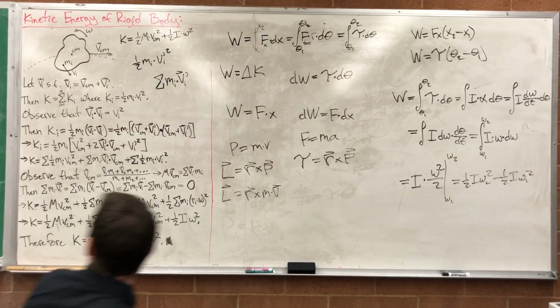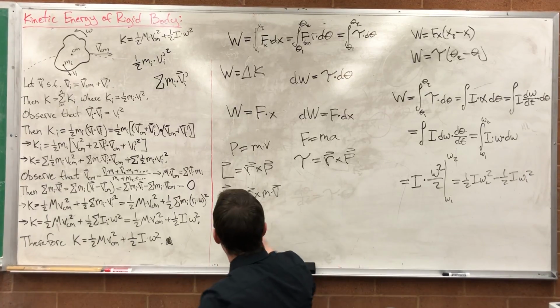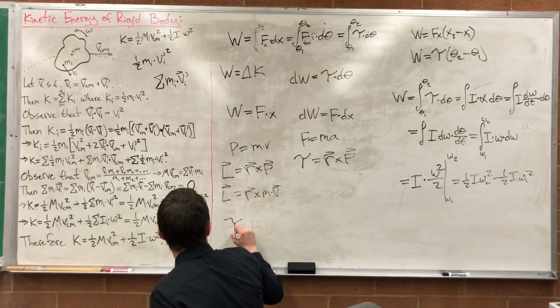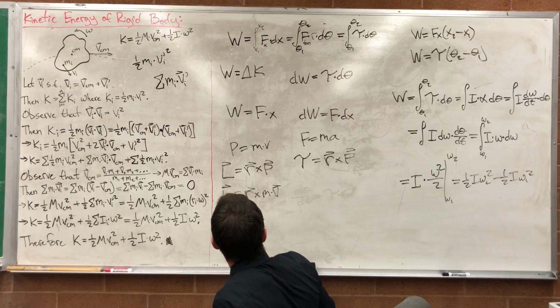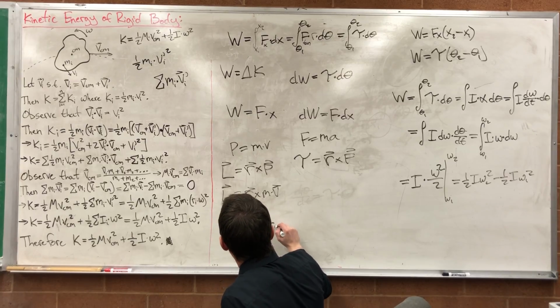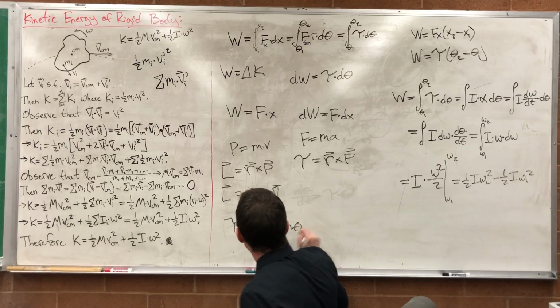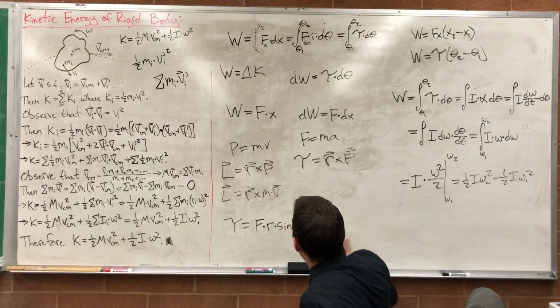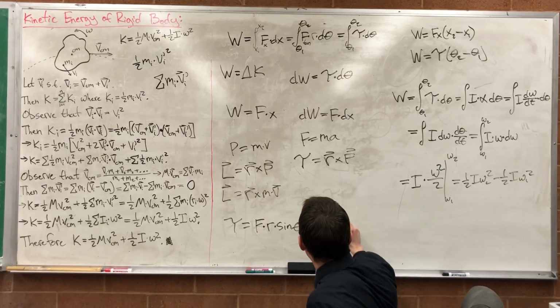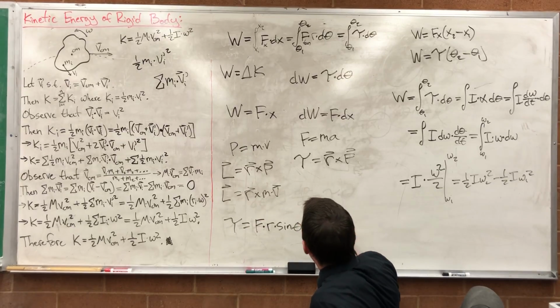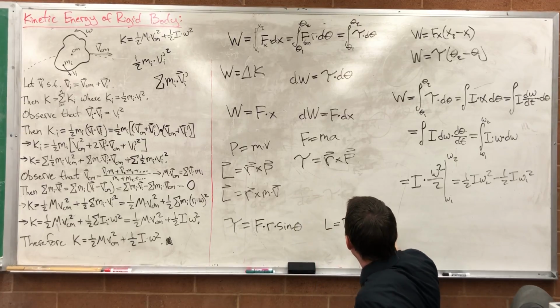And so similarly, the same way that the magnitude of torque was equal to the force times r times the sine of the angle between them, the magnitude of your angular momentum vector is also your momentum times r times the sine of the angle between them.